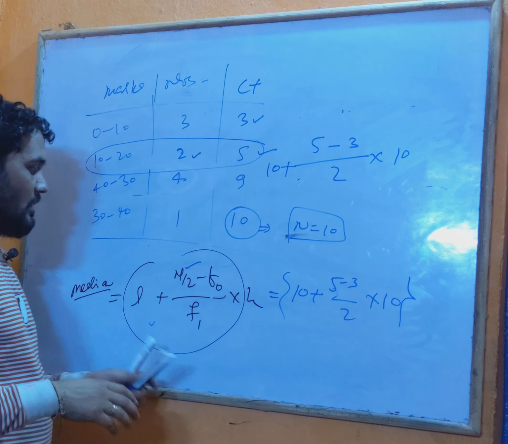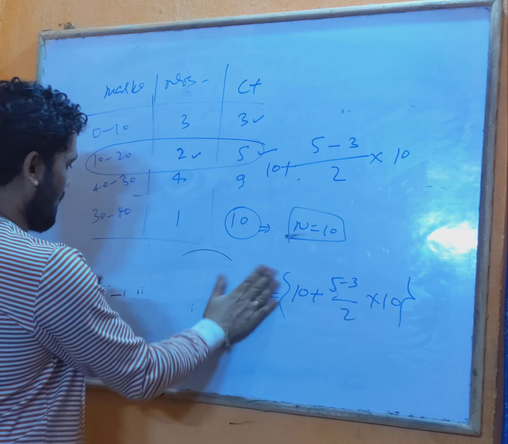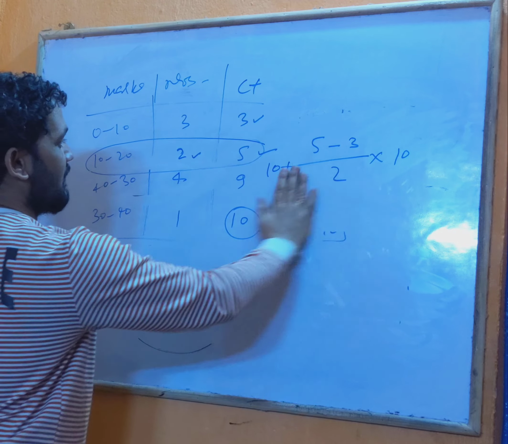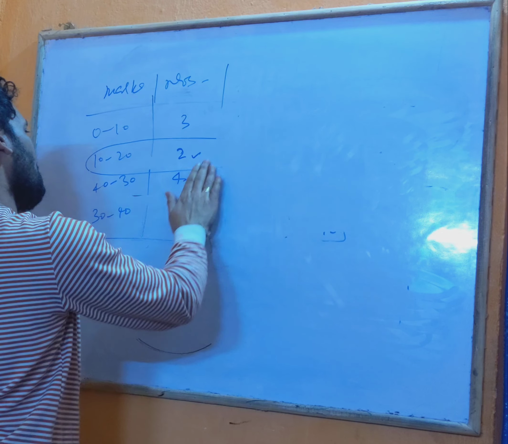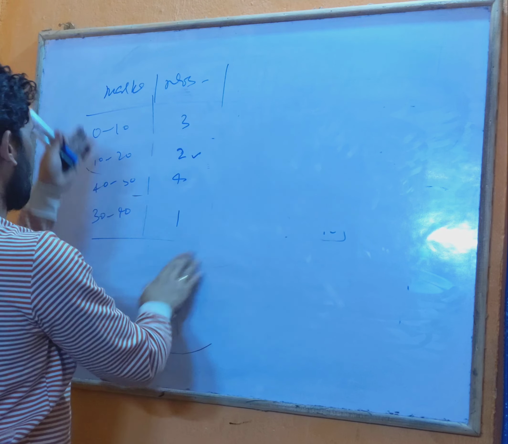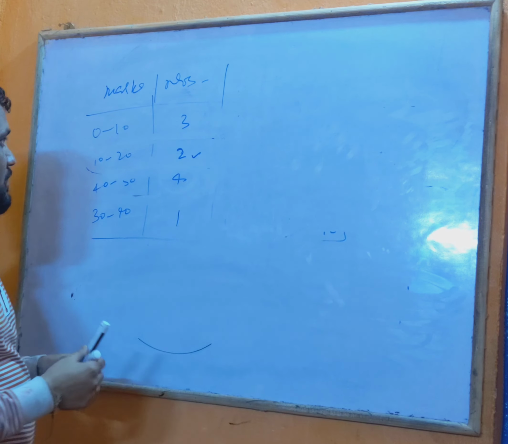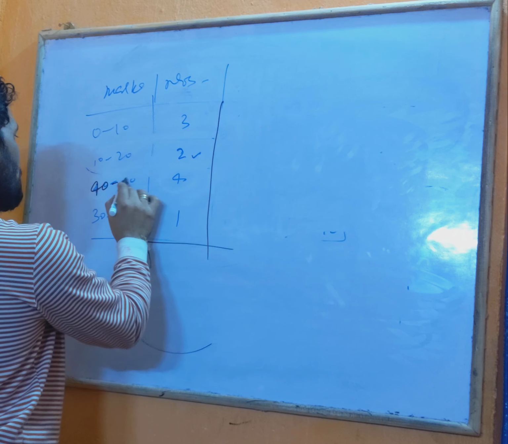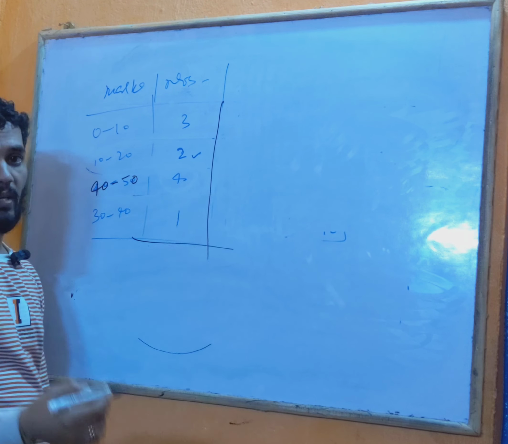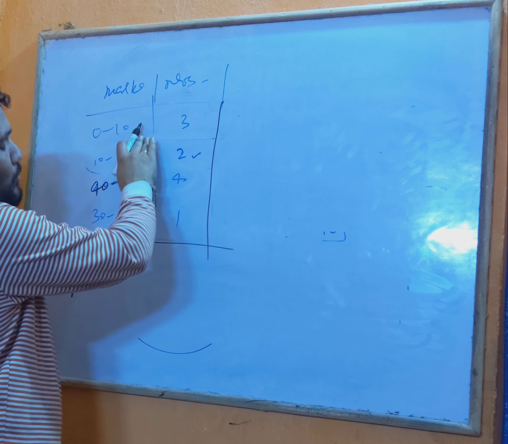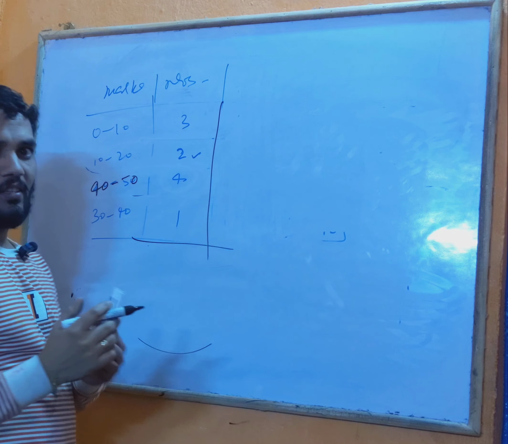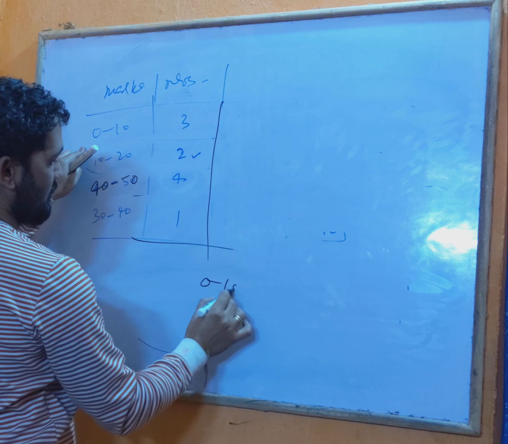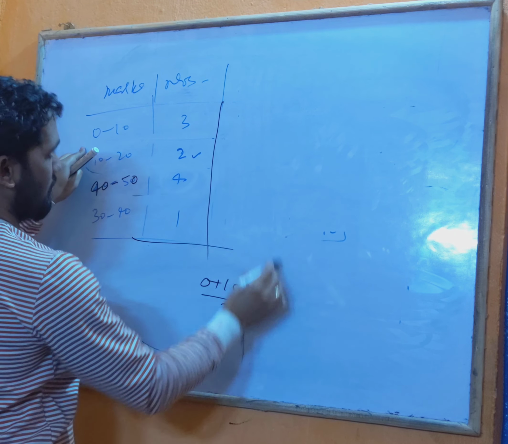One thing is remaining in this chapter, the mean. What is the mean for a given continuous distribution? You have to find a new thing, and that is class mark, meaning midpoint. Midpoint means upper limit plus lower limit divided by 2. So here 0 plus 10 divided by 2 is your 5.